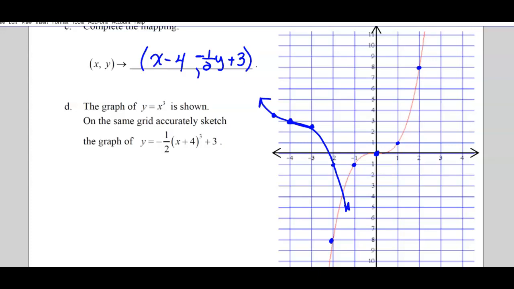Same deal. That's kind of like a parabola, the vertex of a parabola. You look at these two terms inside the bracket and outside. In this case, it's not for the vertex; it's for the point of inflection. So point of inflection is negative 4, right?